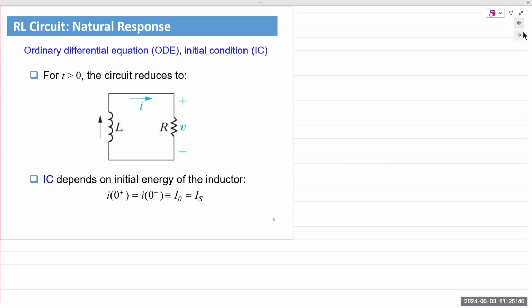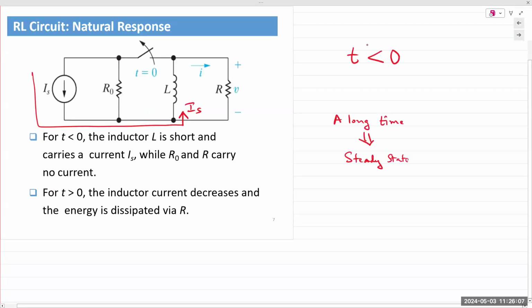But we need to know what that initial energy is. The initial moment of our analysis is t equals 0. So what is the energy stored in that inductor the moment we begin analysis? For that, we have to look into the past. And here's the important concept. We saw t equals 0, right? There's a concept of t minus and t plus. t minus simply signifies the time right before, meaning in the past.